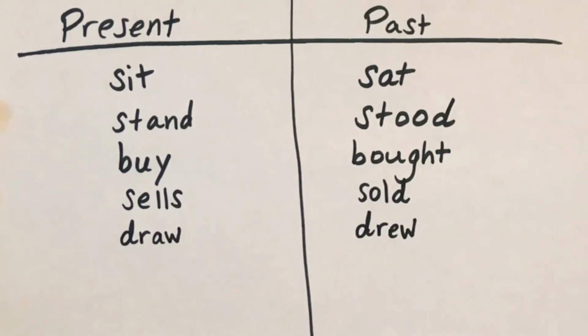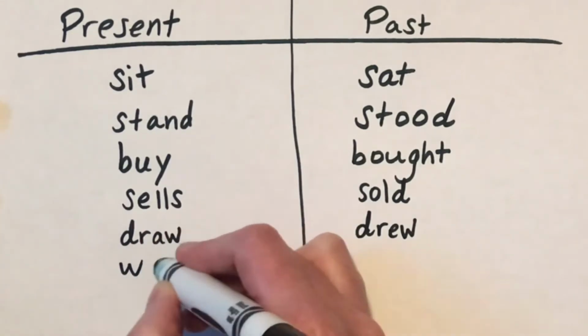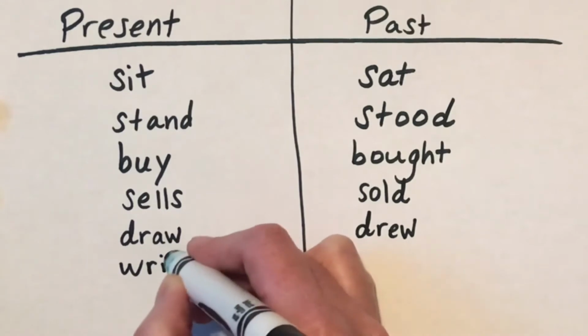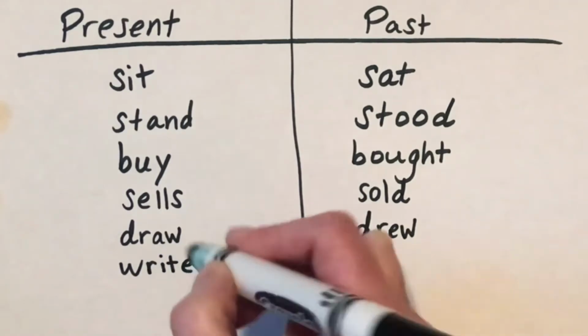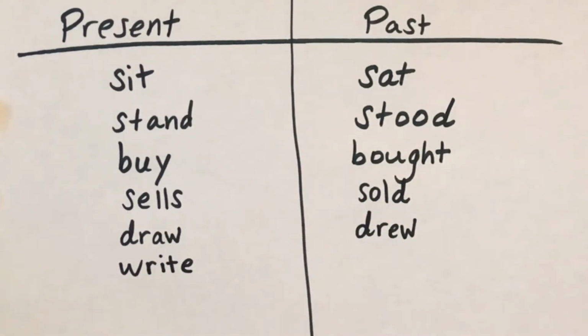Maybe I'd like to write a little note on the picture. So write is present tense. Like I write on the paper. The past tense is not righted. The past tense is wrote.